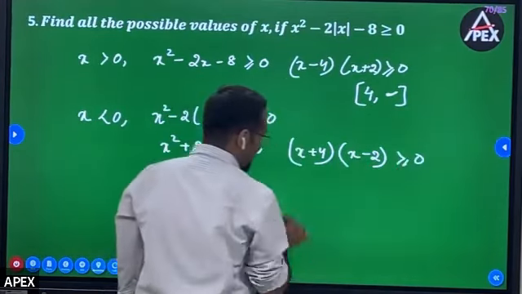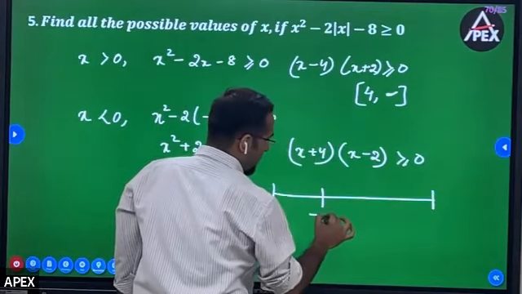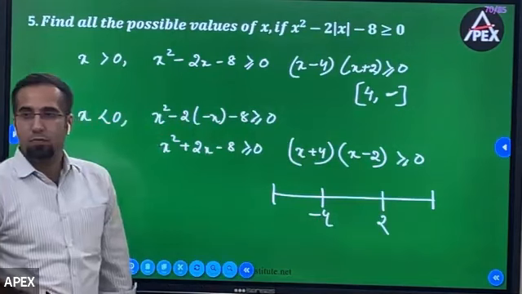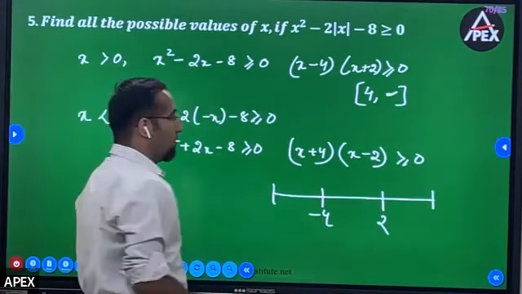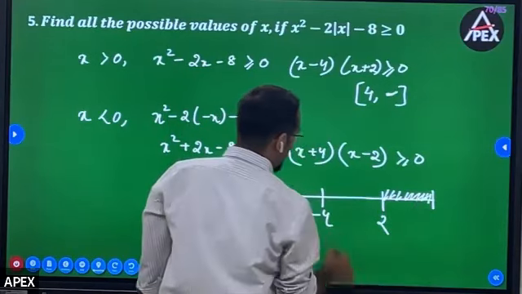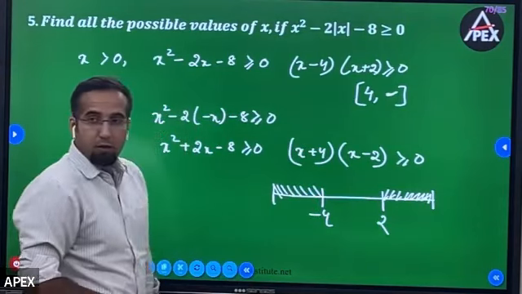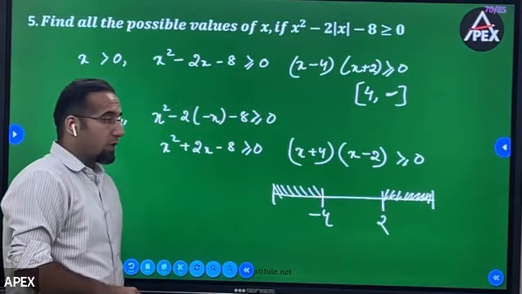It is the same concept, guys. So I have a root called minus 4 and a root called 2. And I am going greater than or equal to 0. So therefore this portion will satisfy and this portion will satisfy. Clear? So again I have to cross check with the inequality.